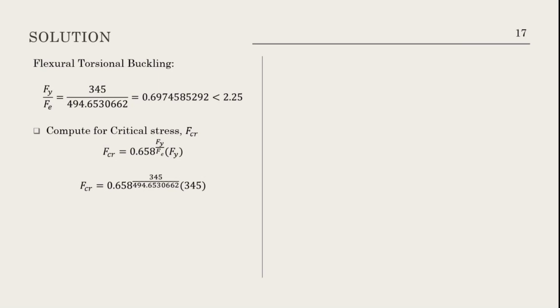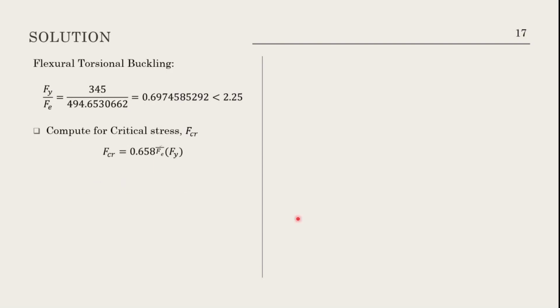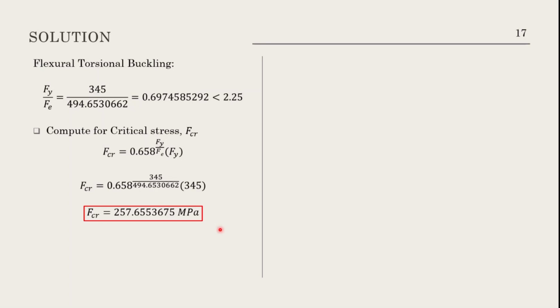And then substitute the value, we can now compute for the Fcr, and that is 257.6553675 megapascal.